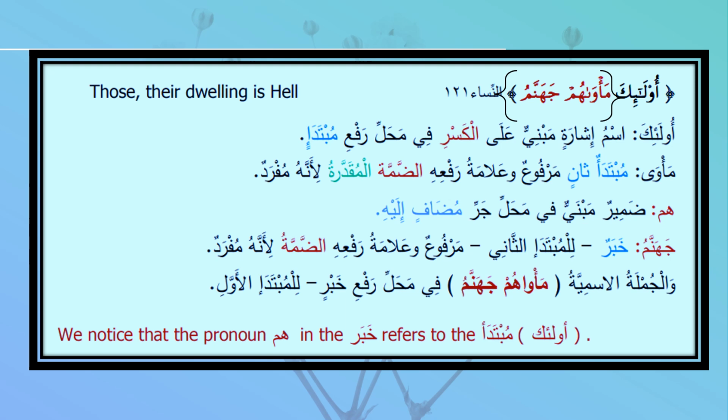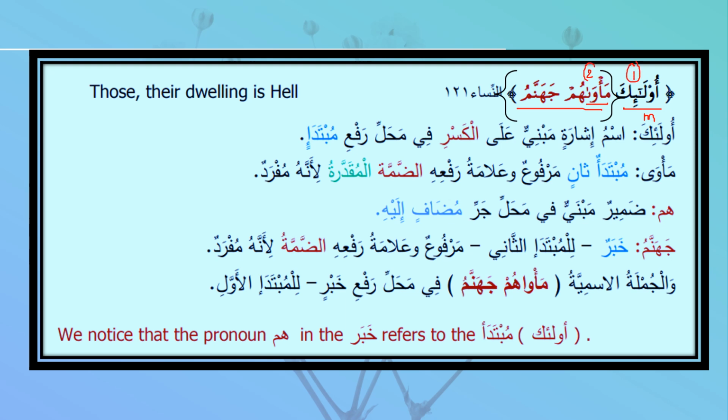Another example of khabar jumla ismiya. Ulaika ism al-ishara for the plural human beings, far away. Ulaika. This is in the position of mubtada. Remember that. And ma'wahum. Now this noun ma'wa, since it is a jumla ismiya, is the second mubtada. This is our first mubtada.